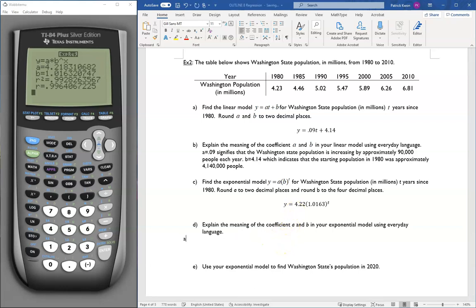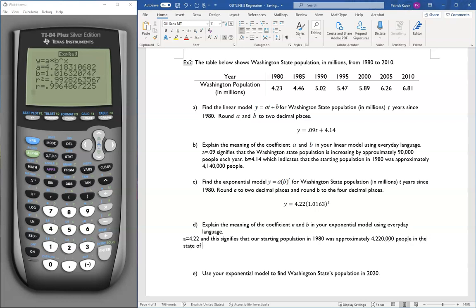So our A value in this scenario is equal to 4.22, and this signifies that our starting population in 1980 was approximately 4,220,000 people in the state of Washington, according to our exponential model.